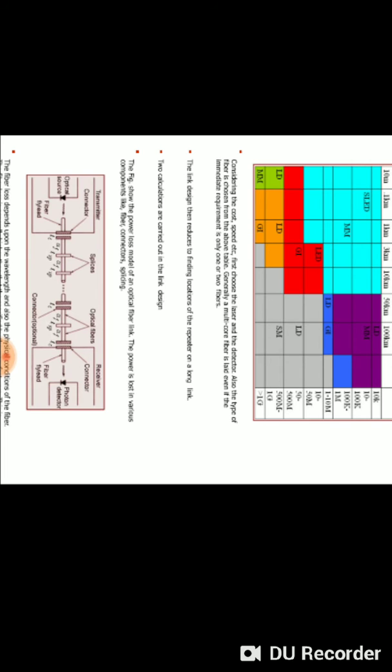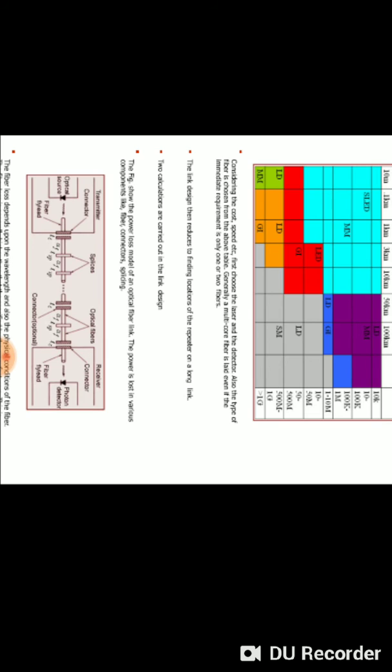Then there are two calculations carried out in the link design. First we have seen the concept of link, what parameters are to be considered in the link design, and what performance parameters we have to consider before the optical link design. So that is the introductory part. Next we are going to see there are two approaches for optical link design.